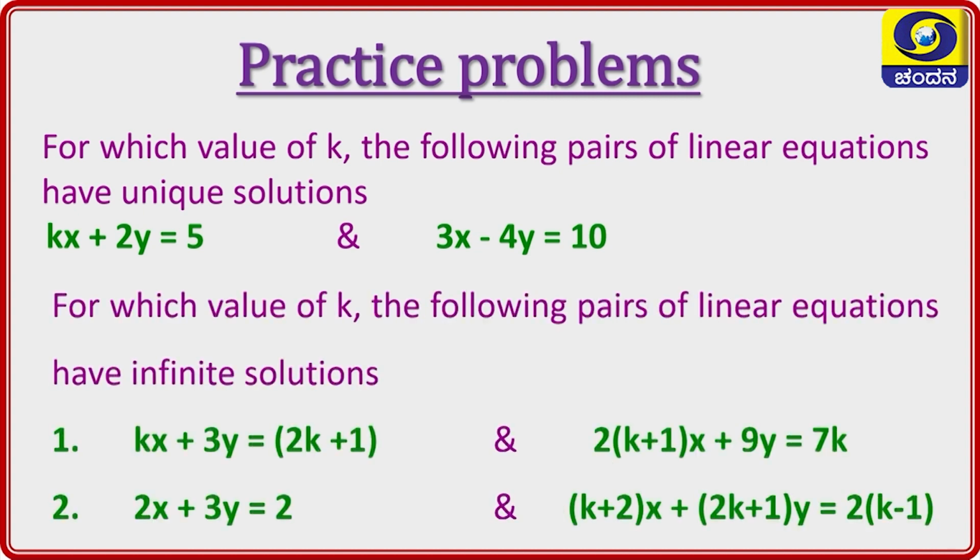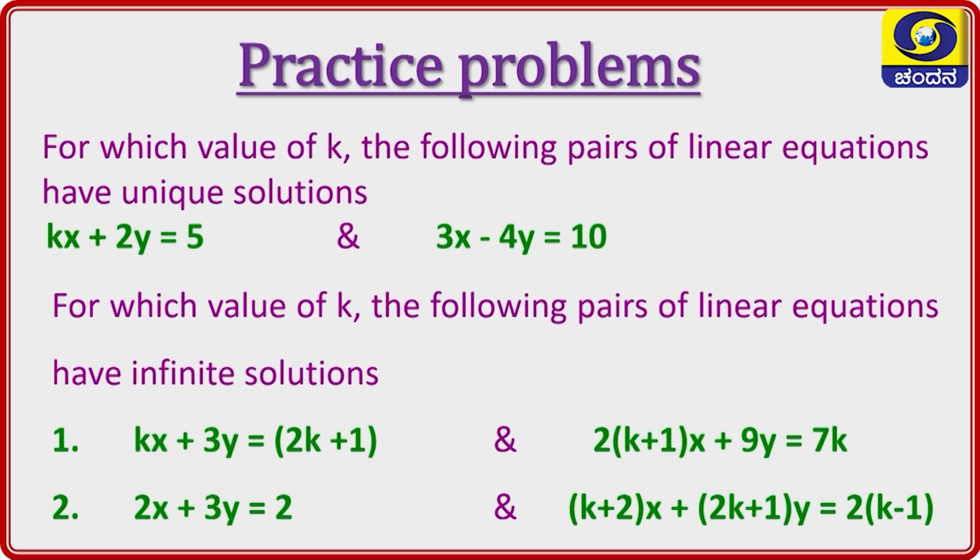For which value of k do the following pair of linear equations have infinite solutions? Infinite solutions. Children, remember this. Recall the condition, children. So first question, kx plus 3y is equal to 2k plus 1. Second equation, 2 into (k plus 1) into x plus 9y is equal to 7k.